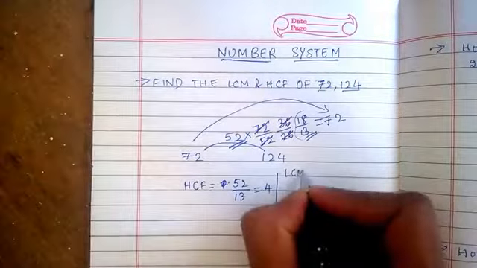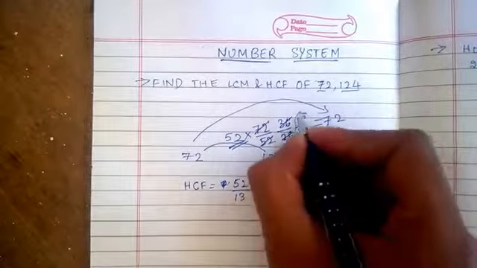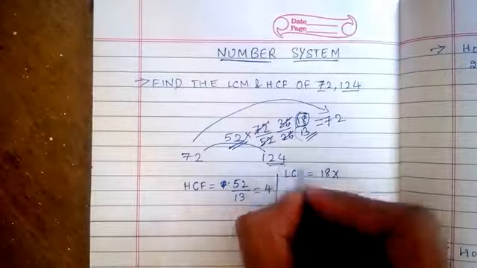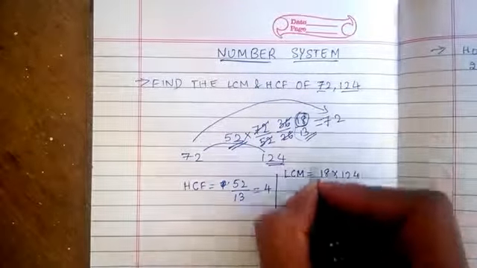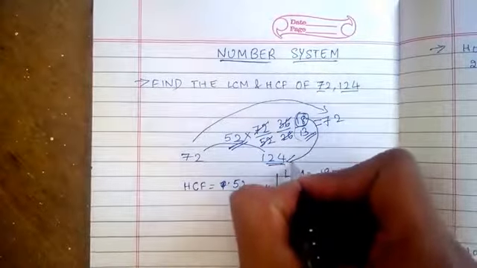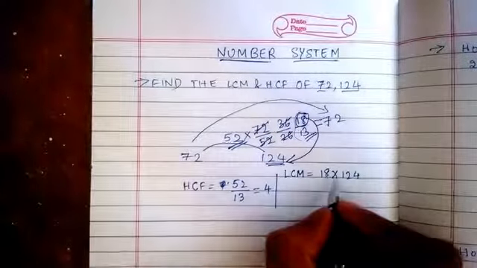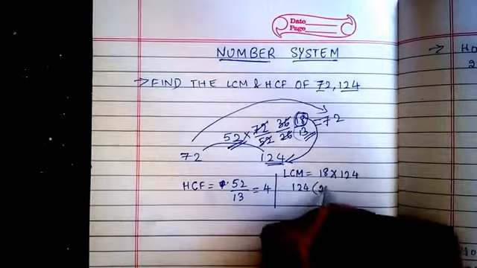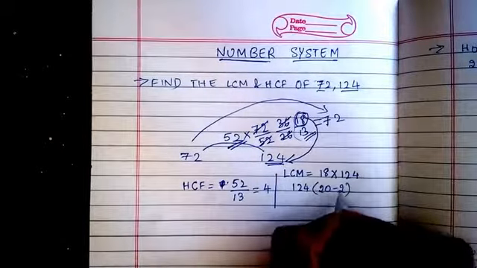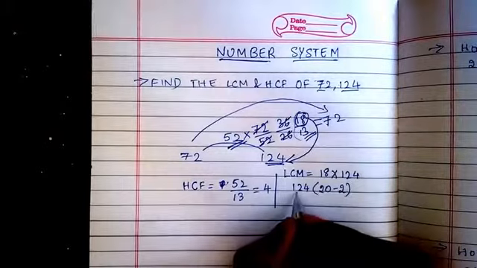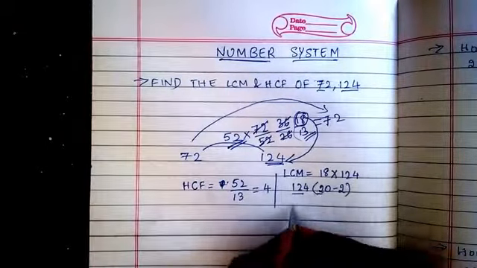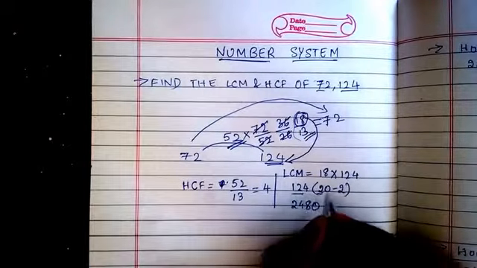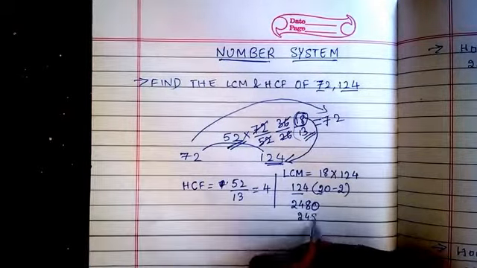Now the LCM is the numerator 18 multiplied by the second number 124. 18 multiplied by 124 can be written as 124 times 20 minus 2. 20 minus 2 is 18, and 124 into 2 is 248, and 124 into 20 is 2480.